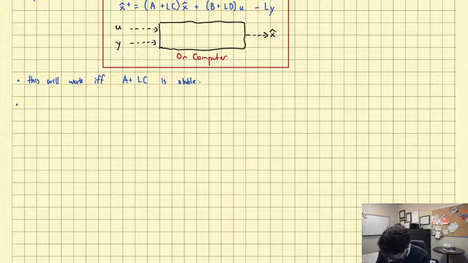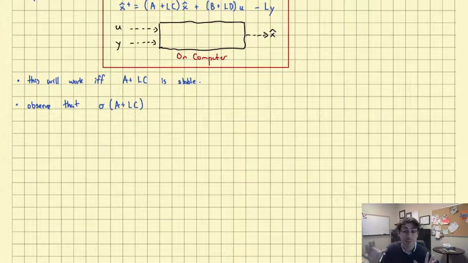Observe that the eigenvalues of A plus LC, why am I talking about eigenvalues? Because we want A plus LC to be stable, right? So what does that mean? We want all its eigenvalues to have magnitude less than 1. And we observe that if I take the transpose of a matrix, that doesn't change its eigenvalues.